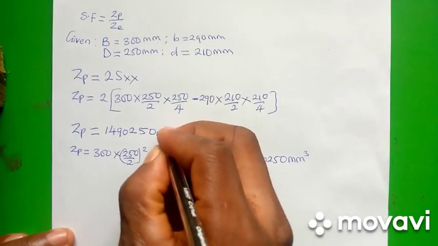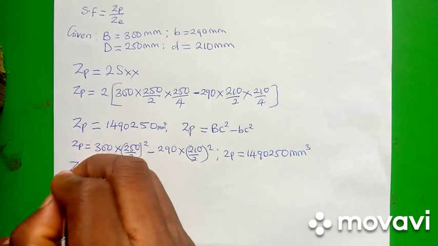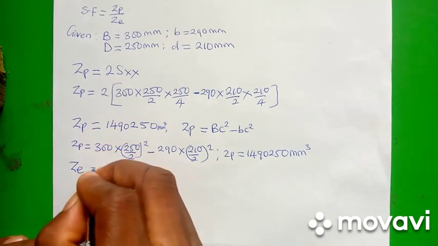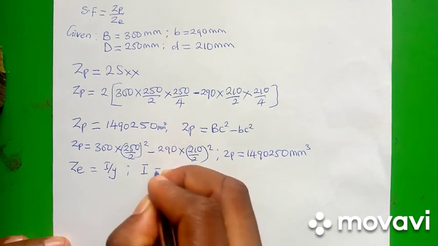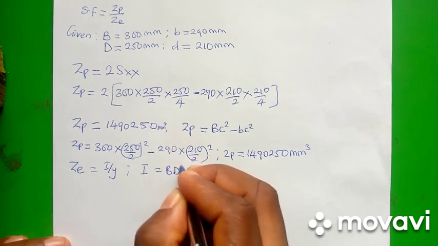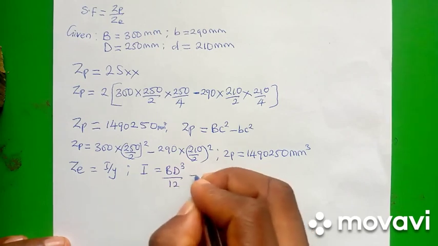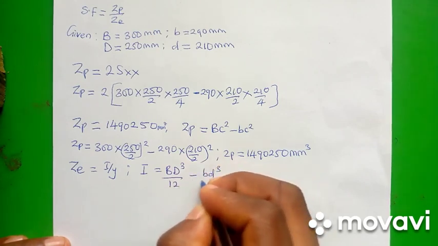Same thing here. Then our elastic modulus is equal to I all over y, and the I is equal to BD raised to power 3 over 12 minus bd raised to power 3 over 12.